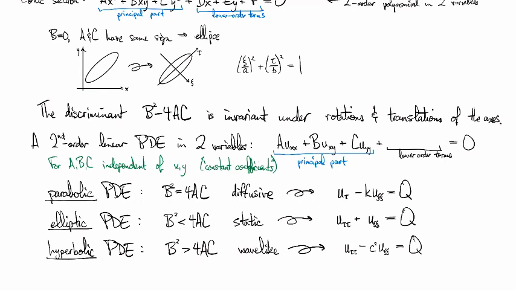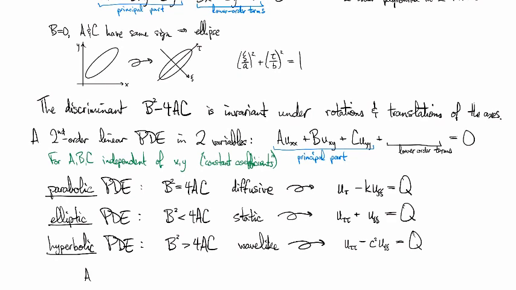So then it turns out that hyperbolic can also be transformed into something that looks like a mixed partial being equal to a lower order term.